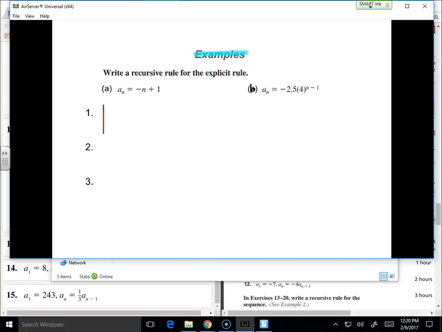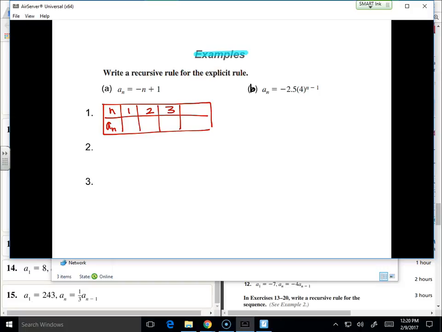I'm gonna make a little table just to help us keep track of things, but you don't necessarily have to. I'm just showing you what I'm doing. I'm gonna say for the first term, second term, third term, if we can't see a pattern, we might keep going. Then I'm gonna plug it into the a sub n.